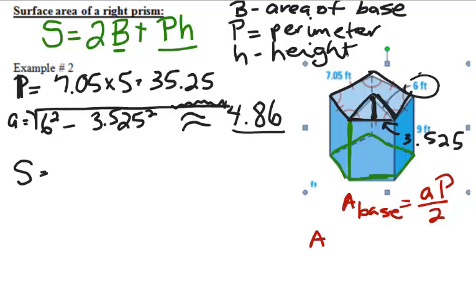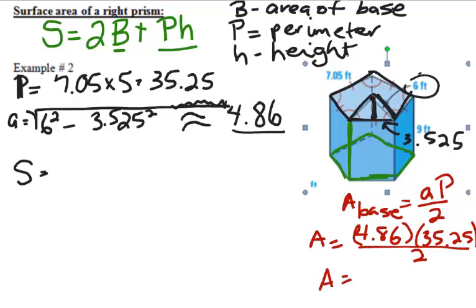So the area of that base, I'm going to continue this one in red, is my apothem, 4.86, times the perimeter, and the perimeter was 35.25, divided by 2. So we get the area of one base, and I get 85.657, so let's call that 85.66. So that's the area of one base.